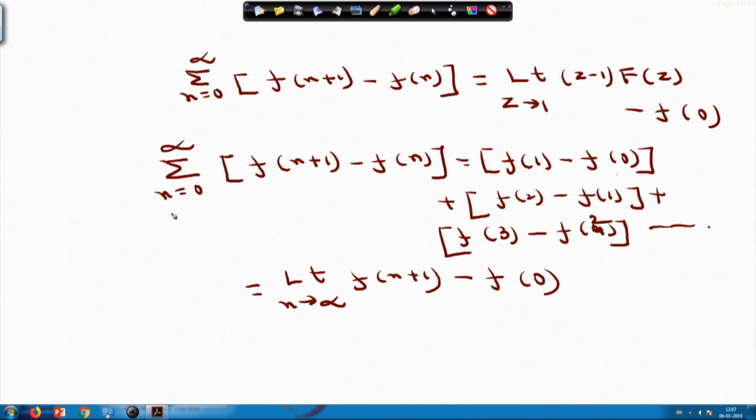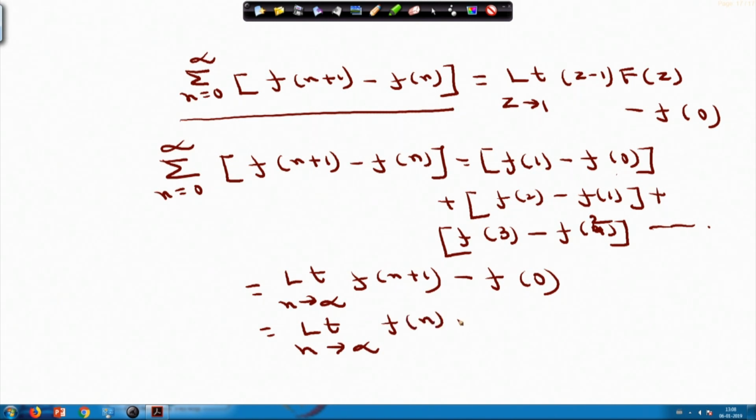So, therefore, the left hand side, summation n equals 0 to infinity f of n plus 1 minus f n, equals limit n approaches infinity f n plus 1 minus f 0. Once I am getting this, if I substitute this value, what will I obtain?